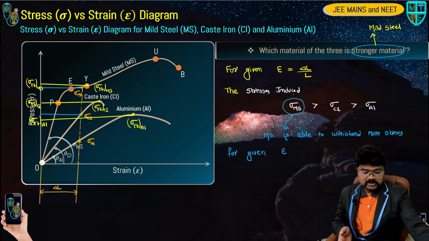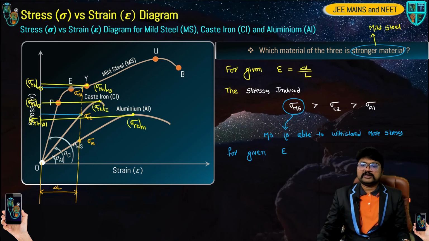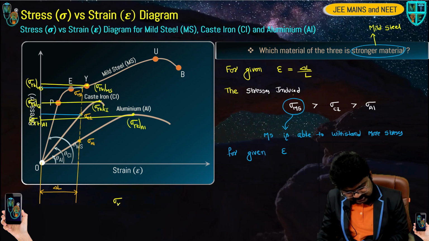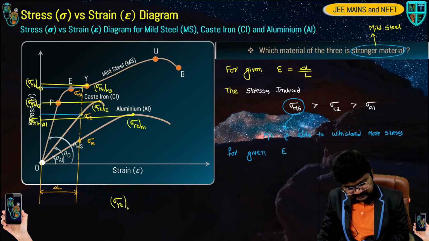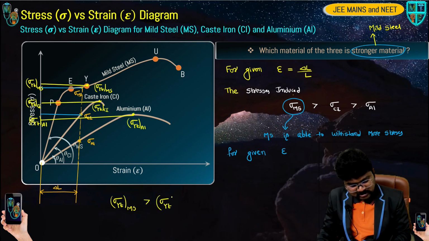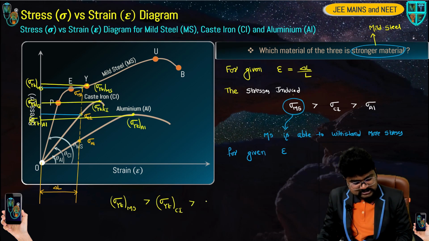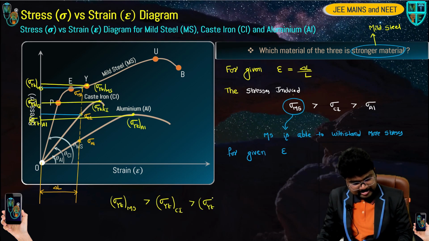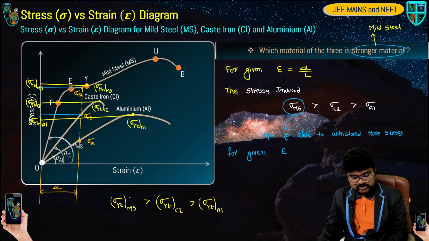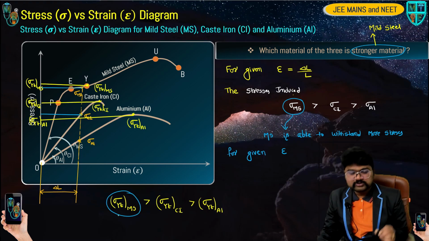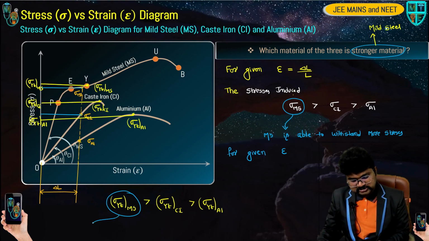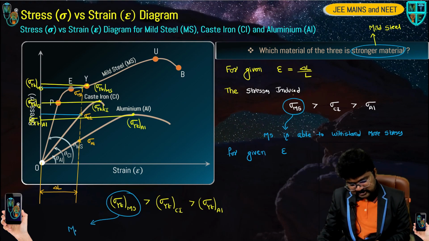I can say the yield strength of the mild steel is higher than the yield strength of cast iron and aluminum. So which one is stronger? This would be stronger for a given value of deformation. So mild steel is stronger.